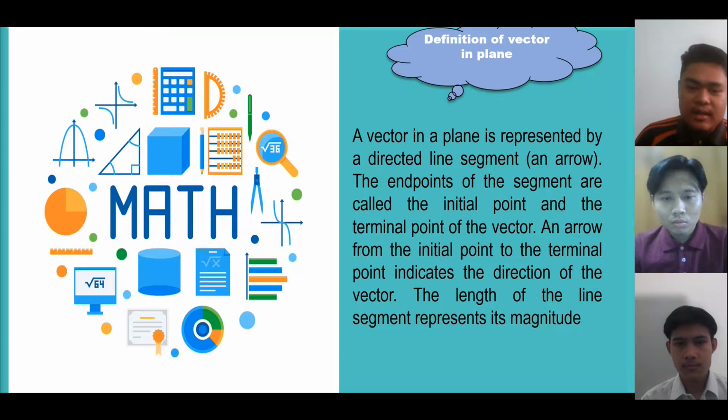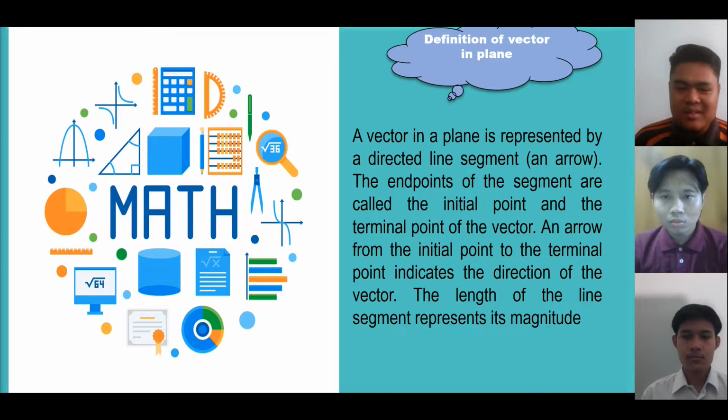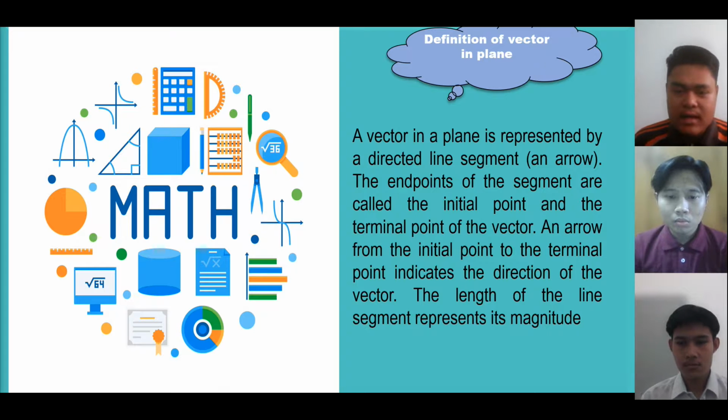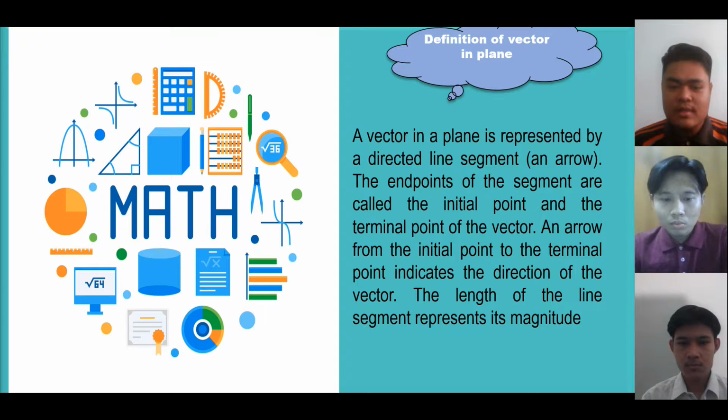An arrow from the initial point to the terminal point indicates the direction of the vector. The length of the line segment represents its magnitude. So that is the definition of vector in plane. So we go to the next slide.